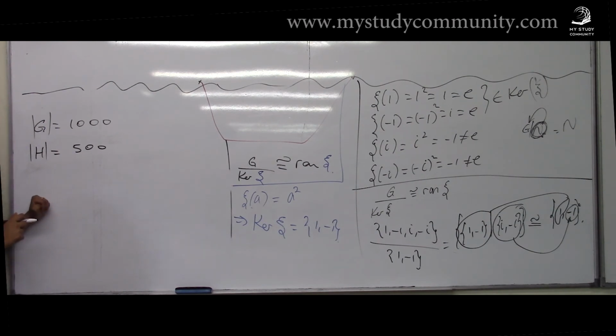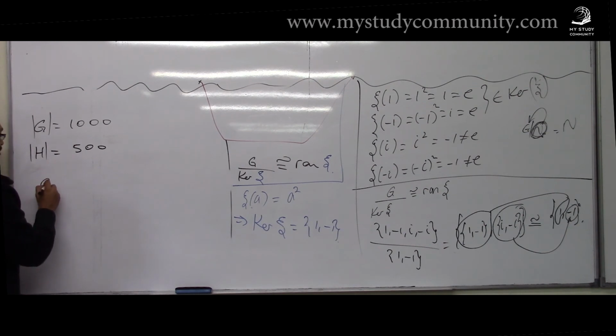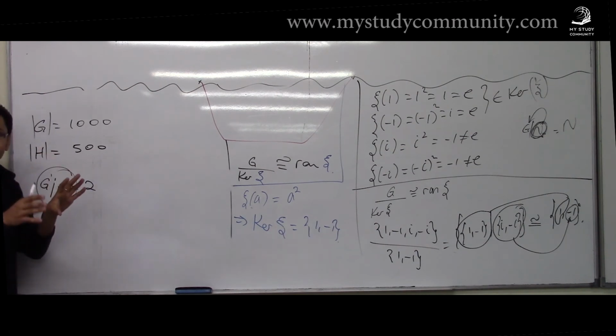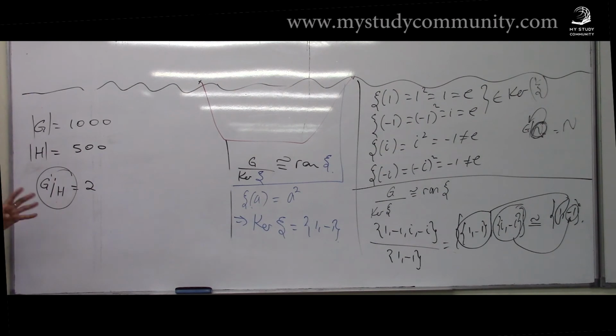How many elements would G on H have? Two. You understand? So now this factor group here would only have 2 elements. Now remember, in order to construct this, H has to be normal, etc. The point is, I'm just trying to give you all an understanding of why the theorem is so important. I'm not going into the specifics of everything that has to be satisfied. This is the long story, very short.